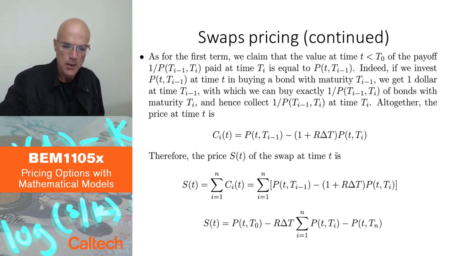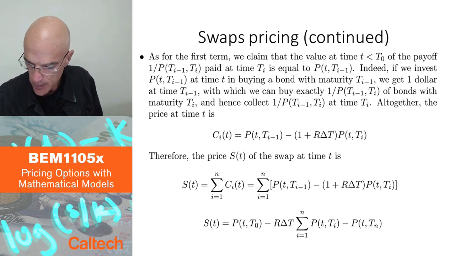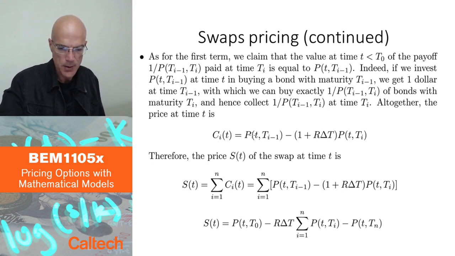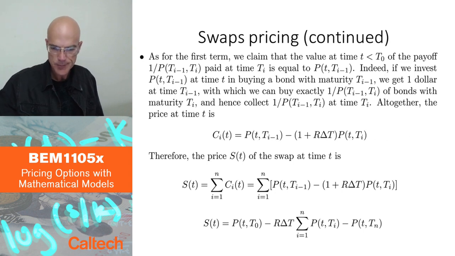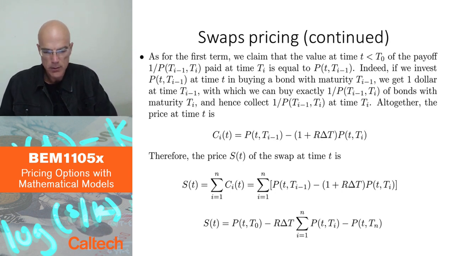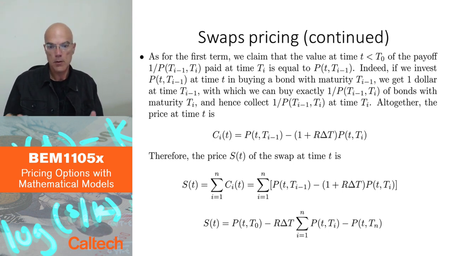All right, so if we put them together, we have that the price of one swap payment is p of t ti minus 1 minus 1 plus r delta t p of t ti. Then the price, let's call it S of t, of the whole swap, is just the sum of the prices of all the payments across time.